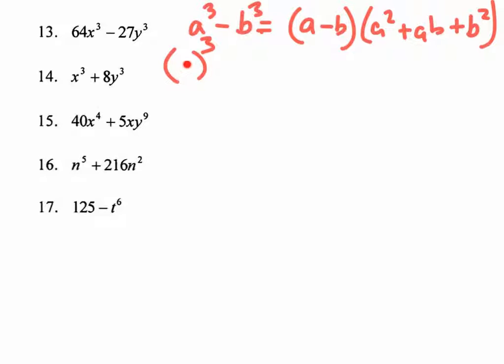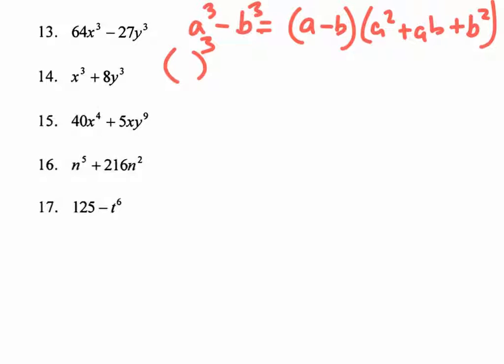Whatever belongs right in here, that's going to be your a value. So let's say you did say 64x. If you plug in a 64x right there, 64 cubed is going to be a huge number. That doesn't work. So what you need to do is think of what number belongs in there that if you cube it will give you 64x cubed. Or you could also think of taking the cube root of 64x cubed.